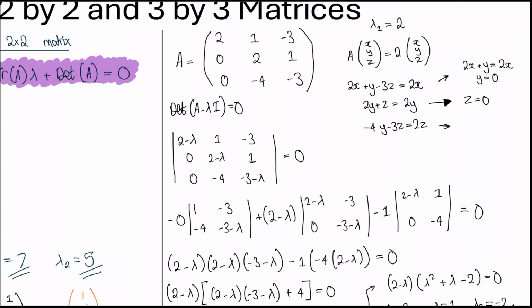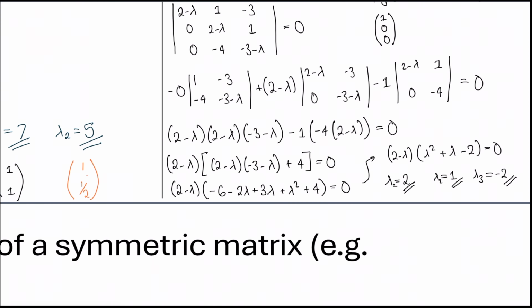And then over here, when we substitute our values of y and z, we just get 0 is equal to 0. So we get the eigenvector of 0, 0. And then if we look at x, it can pretty much be any value. So the simplest value to take is just 1. So for our first eigenvalue, we get the eigenvector 1, 0, 0.